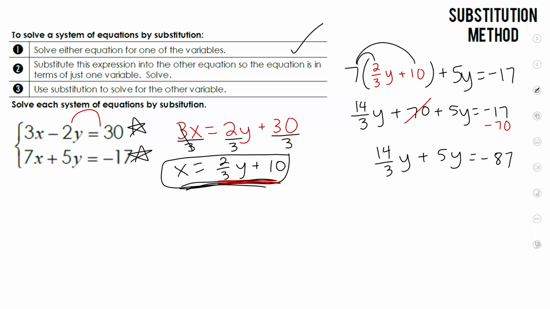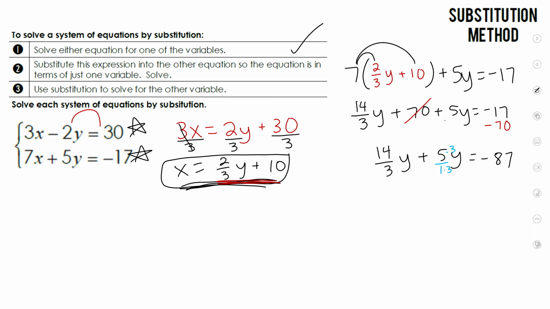Okay, look here. In order to add fractions, everyone change this to 5/1. In order to add fractions, these denominators need to be the same. So I'm going to multiply this by a 3 and multiply the numerator by a 3.